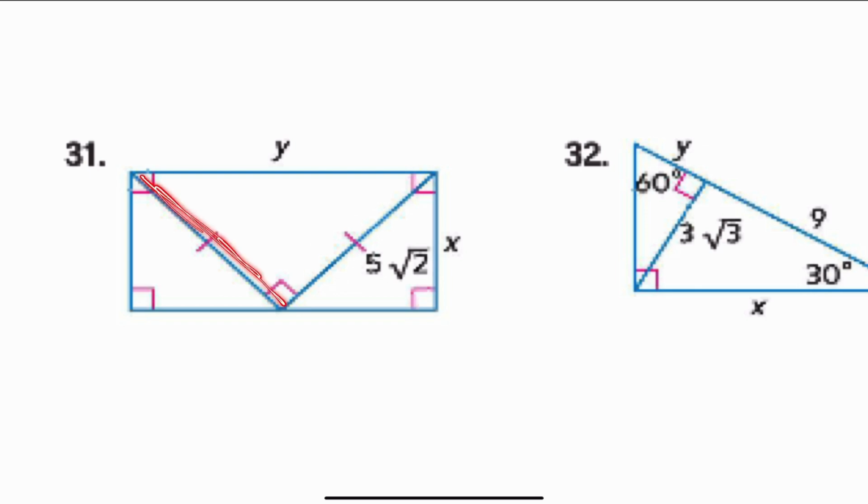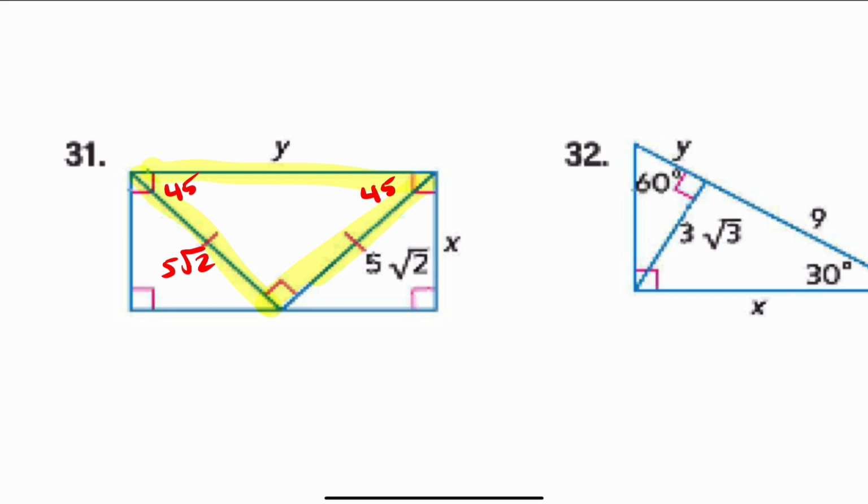Now, look at this. If we look at this figure here, if this is 5 root 2, this here has to be 5 root 2, correct? So we're dealing with an isosceles right triangle. This is a 45, 45, 90 right triangle.